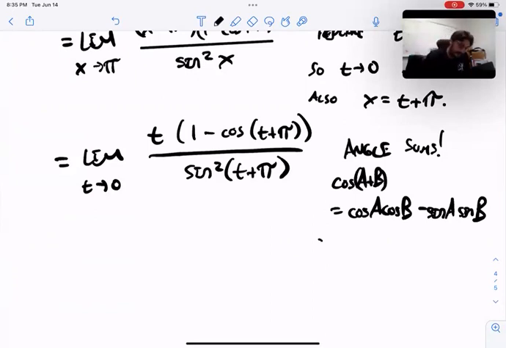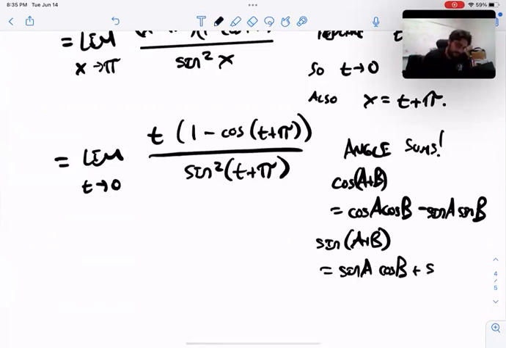And then I could also use the sine angle sum identity: sine of A plus B is sine A cosine B plus sine B cosine A. So I could use these to unpack that expression.